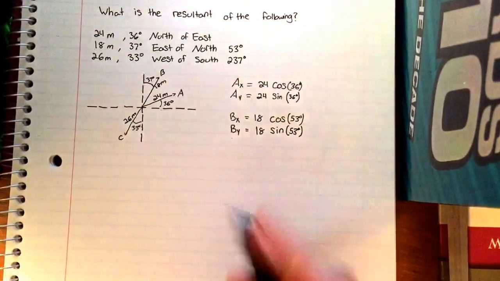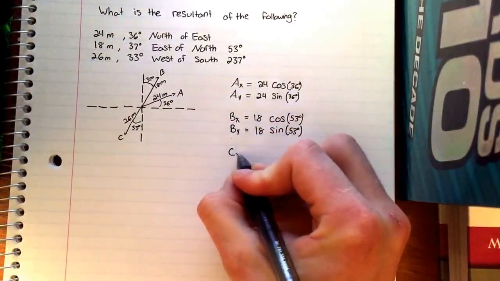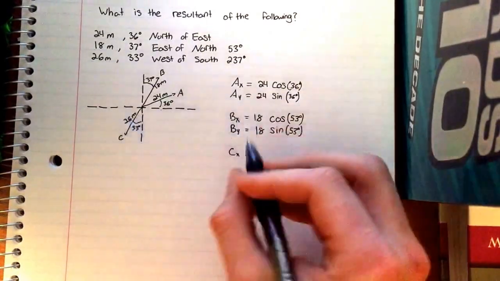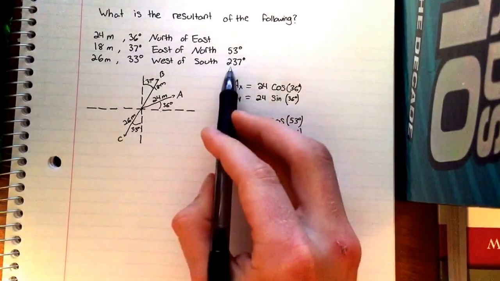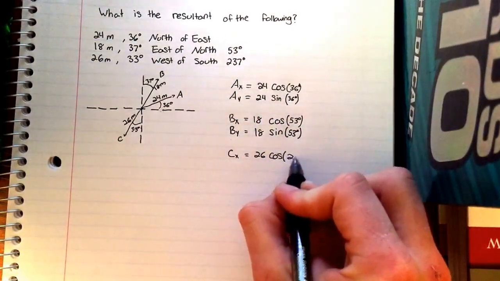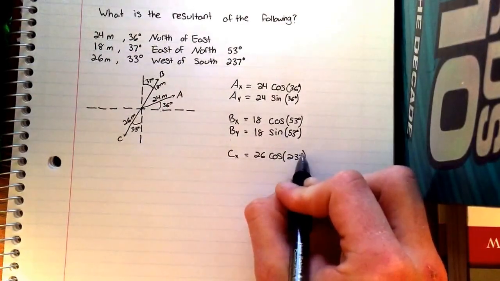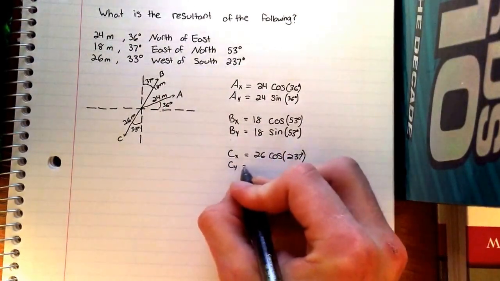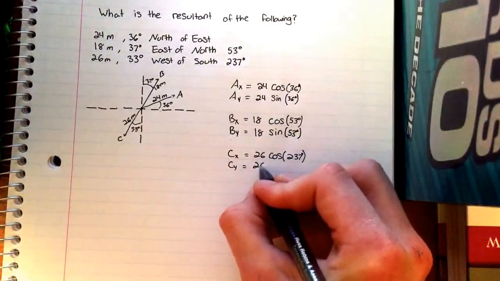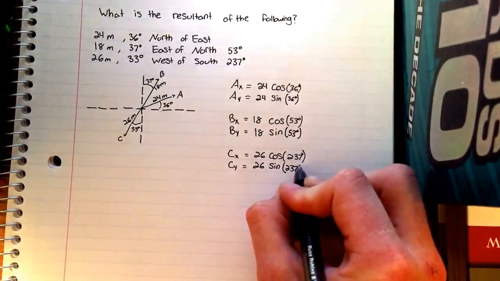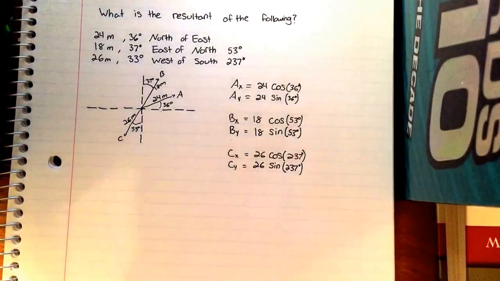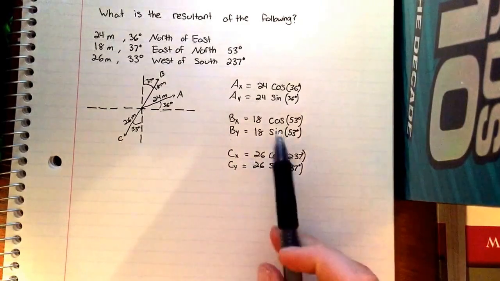Now we'll do C. CX equals magnitude 26, cosine, we found out the angle there, 237 degrees. And then CY equals 26 sine 237 degrees. All right, now we have broken them all up into their components. And you're probably wondering, what are we going to do with this?